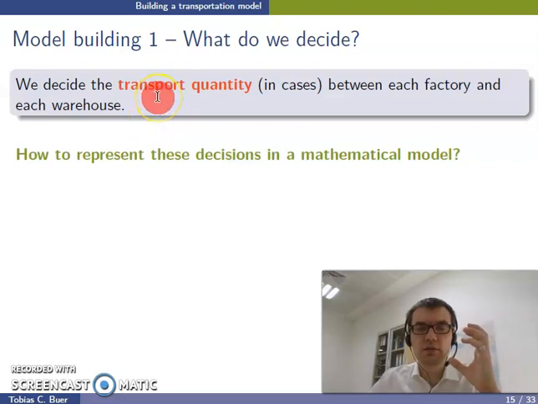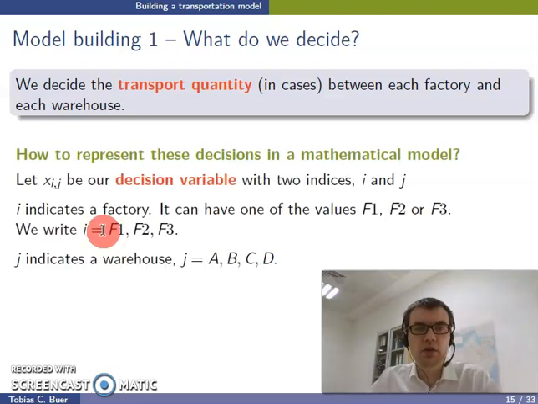And in this case, for the transportation problem, we decide about the transport quantity measured in cases of fish between each factory and each customer warehouse. How can we now represent these decisions in a mathematical model?